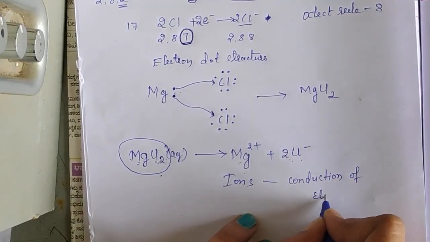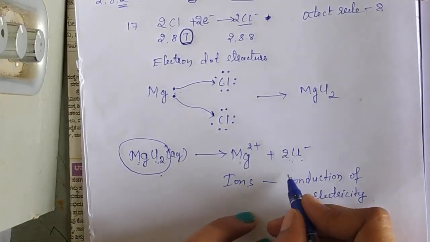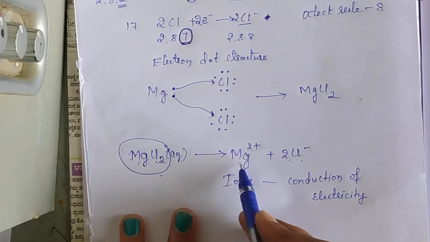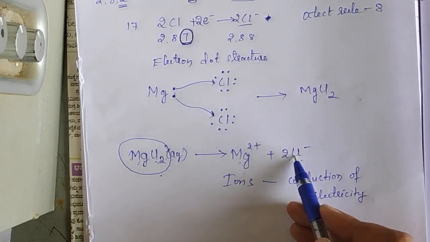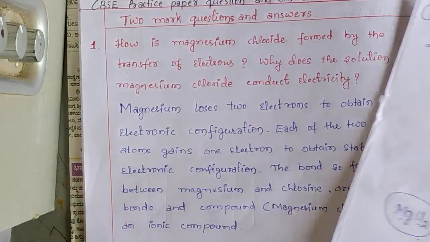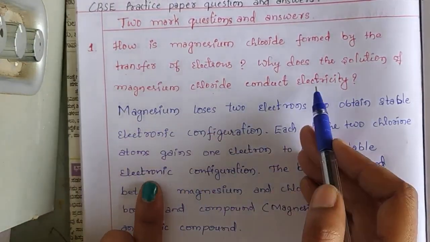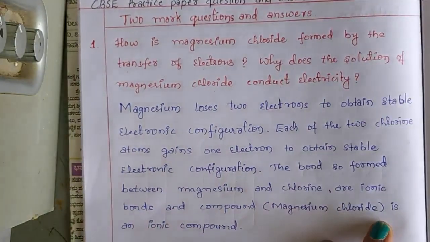In aqueous solution or molten state, these ions are free and can move freely. Electrical conductivity is due to the movement of these free ions. Therefore, the solution of magnesium chloride conducts electricity. We'll see the next question.